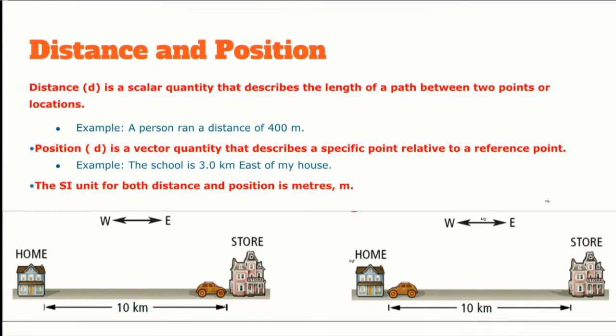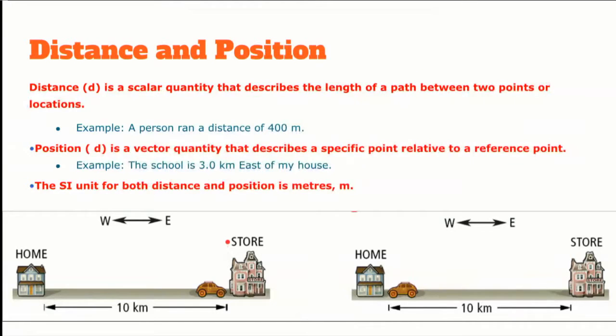All right, so let's say your house and the store were perfectly west and east of each other. Let's say I was at my house and I drove to the store. What is the distance I've traveled when I'm at the store? Oh, I have a laser pointer. Let's use that. I started at home and I ended at the store. What's the distance I've gone, and what is my position when I'm at the store?